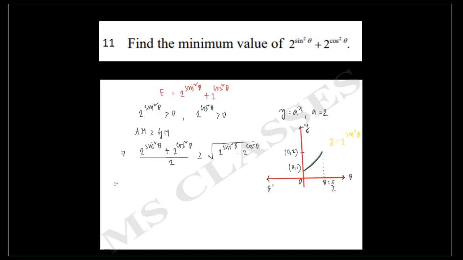Now this will give us 2 to the power of sine square theta plus 2 to the power of cos square theta greater than or equal to 2 into under root of 2 to the power of (sine square theta plus cos square theta). Now this gives you 2 into root 2, that is 2 to the power of 3 by 2. So from this, we can say that the minimum value of the expression is 2 root 2.